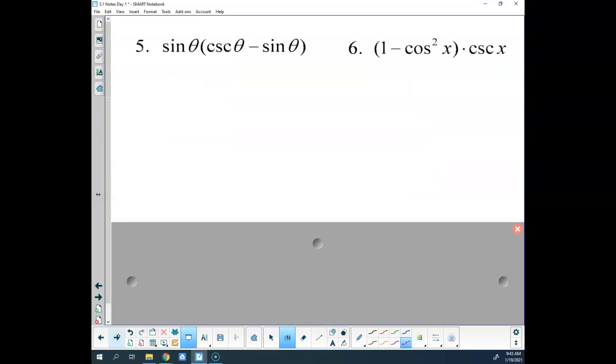All right, let's try a couple more of these. We could distribute first, we could simplify first, we could do many different things. Cosecant here is 1 over sine.